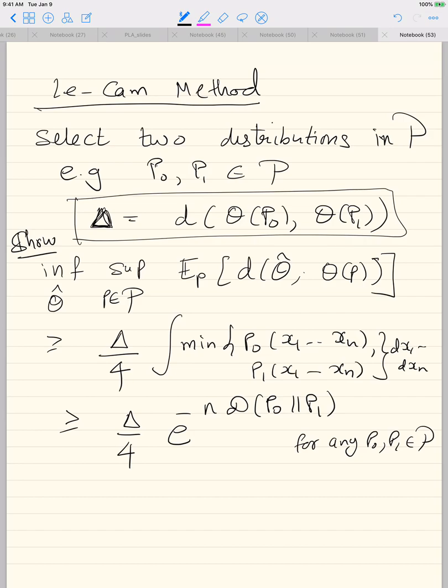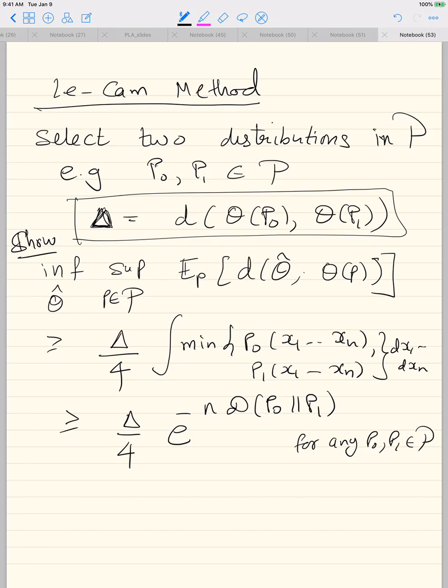If you make them very close, then the exponent is going to be small, which is a good thing because then you're increasing the lower bound. If you make P0 equal P1, this is going to be 0, and so you get a constant here. However, if you make them very close, then the distance between the parameters will also be close to each other, which means that this quantity will start becoming small.